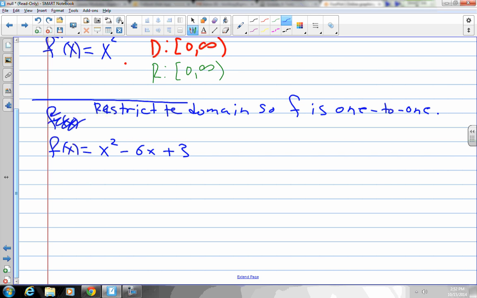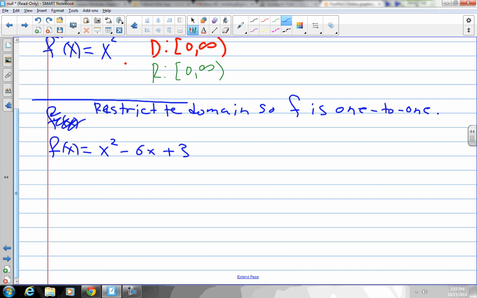Do you agree that that's just some parabola? We're going to restrict the domain basically where the vertex is. All I really have to do is find the x value for the vertex. That's going to cut the parabola into two equal pieces, and I'm just going to take one of those pieces.